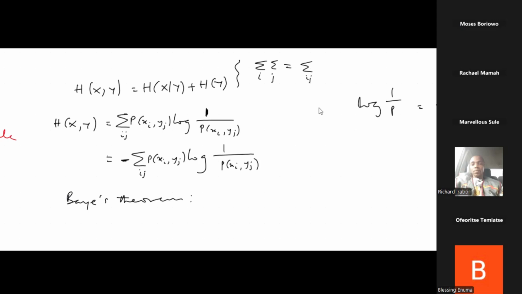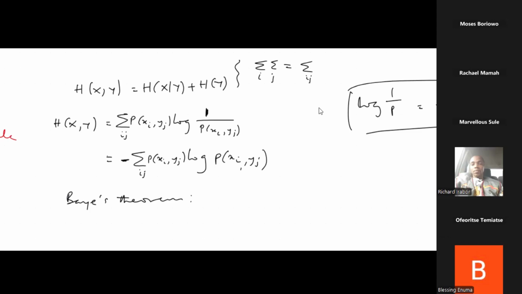In your second equation it has not been applied. Oh, this minus is not supposed to be there. Yeah, this minus will be there. So this will be P of x_i, y_j. Yeah, thank you. I think we are in order now, right?